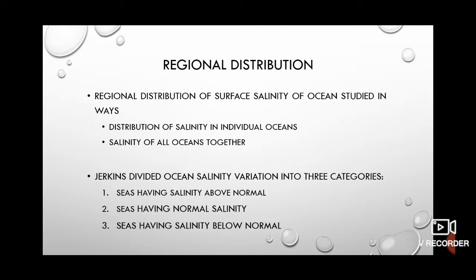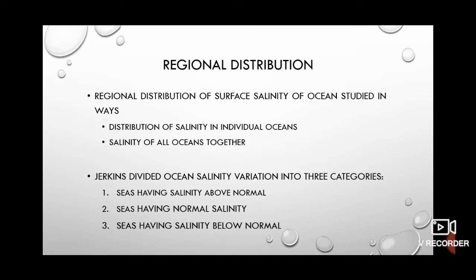Regional distribution of surface salinity of oceans and seas is also described in 2 ways. One is the distribution of salinity of the individual oceans, and the other is the salinity zones of all oceans together. Jerkins has divided the oceans on the basis of salinity variations into 3 categories. Category 1 is the regions or seas having salinity above normal.